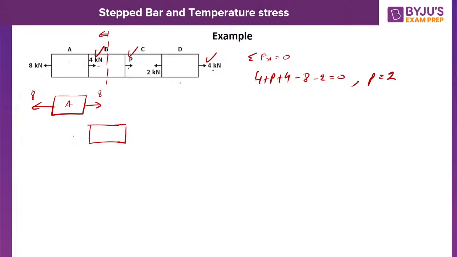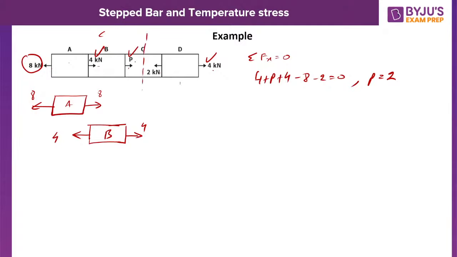So you find the resultant, which is 8 minus 4, 4 kilonewton, acting towards this side for block B. For the other side, you don't have to add anything. Simply apply 4 kilonewton, because if the whole structure is under static equilibrium, it must be 4 only.